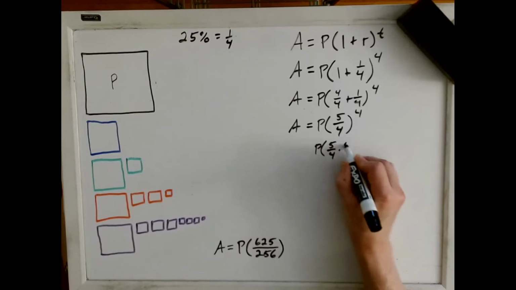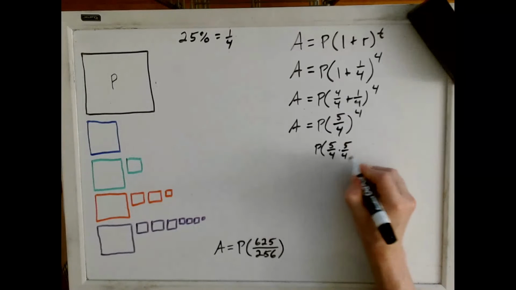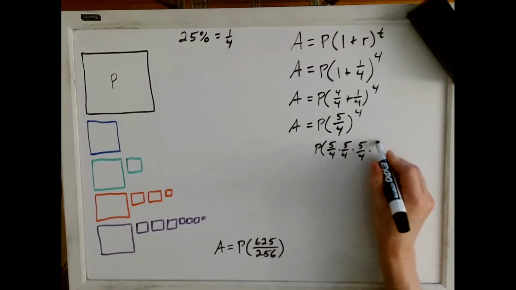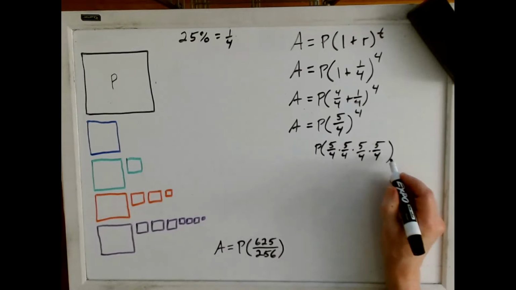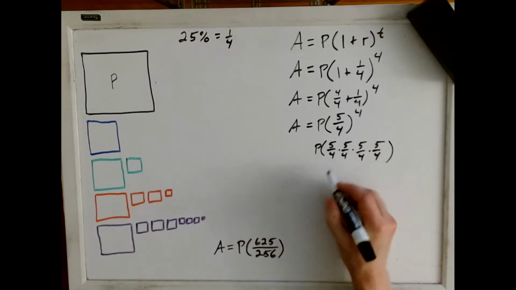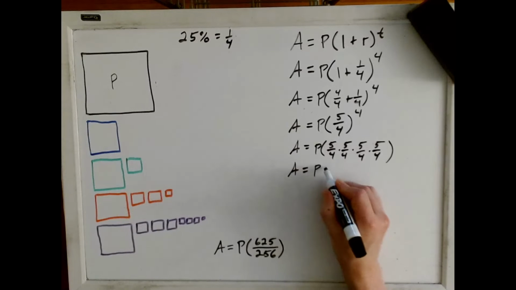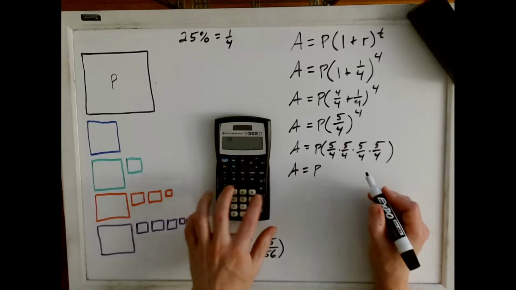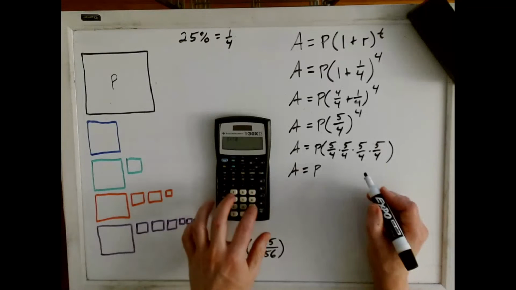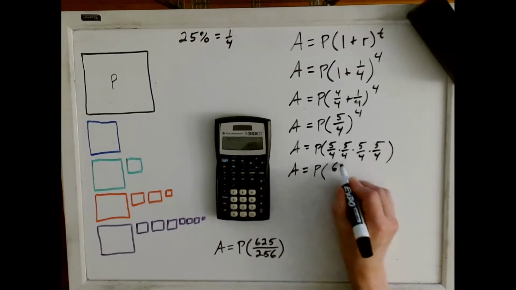If we do this exponentiation, recall that exponentiation is literally a different syntax for writing multiplication. It's another way of writing the same thing. So we get the amount equals the principal times 5 times 5, which is 25, times 5 is 125, times 5 is 625.